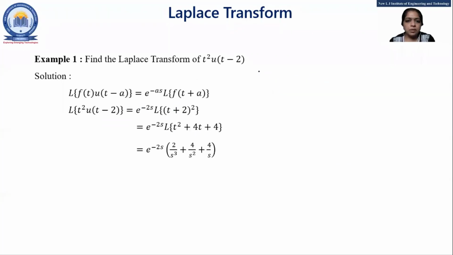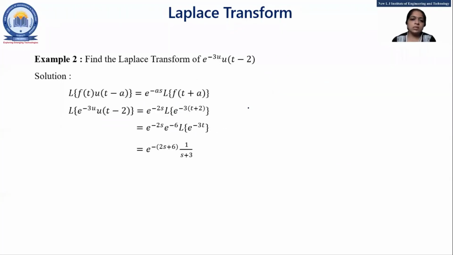See, this is e raised to minus 3u, u into t minus 2. So here your a is again 2, and your function of t, see, this is 3t, not u, students. This is 3t, e raised to minus 3t. So your function of t is what?